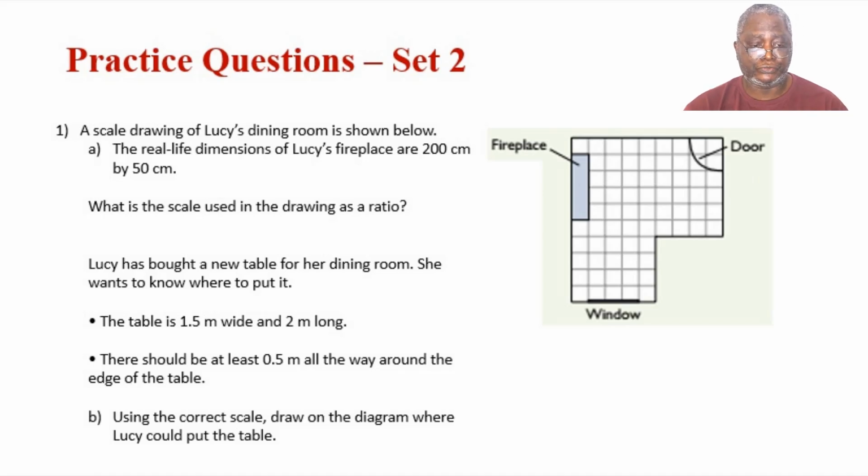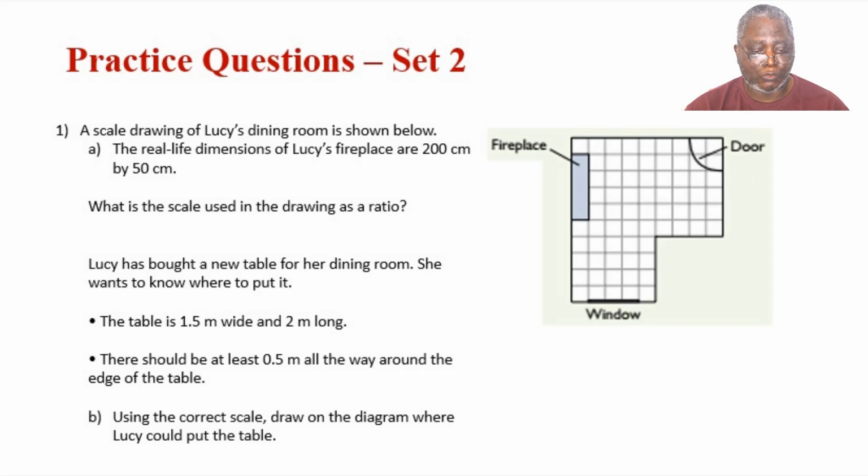Practice question set 2. A scale drawing of Lucy's dining room is shown below. The real-life dimensions of Lucy's fireplace are 200 centimeters by 50 centimeters. What is the scale used in the drawing as a ratio? Lucy has bought a new table for the dining room.